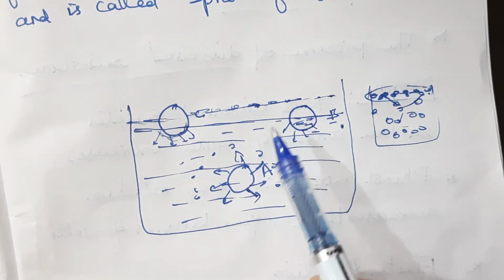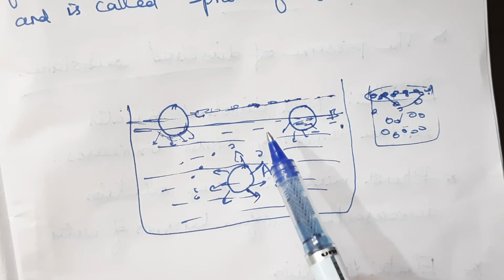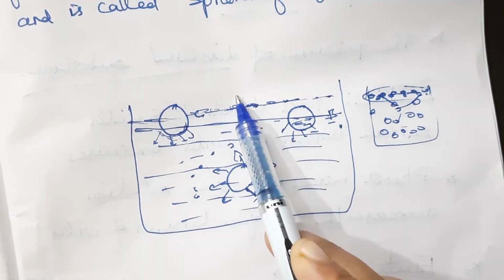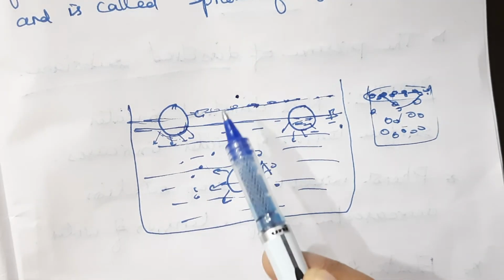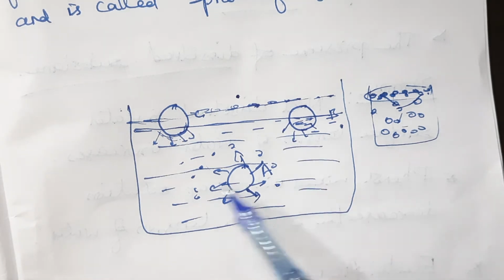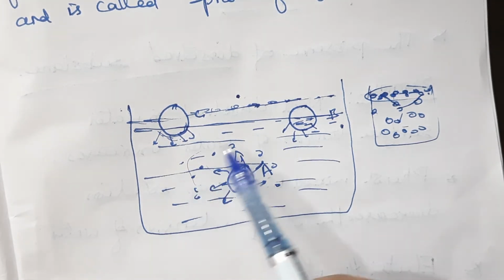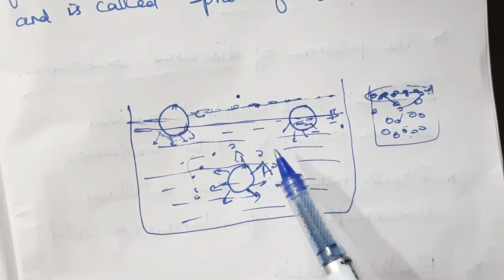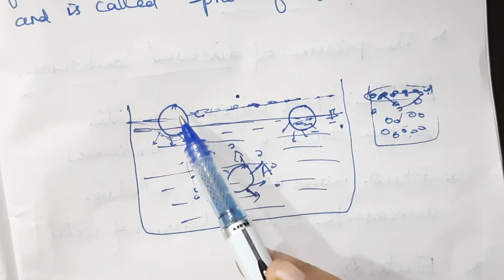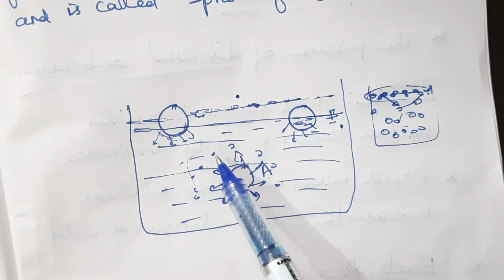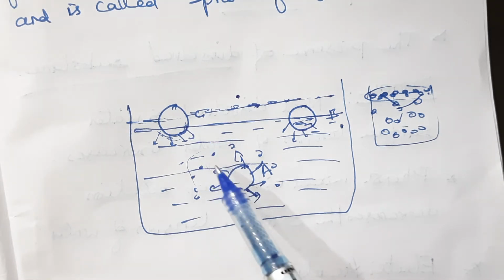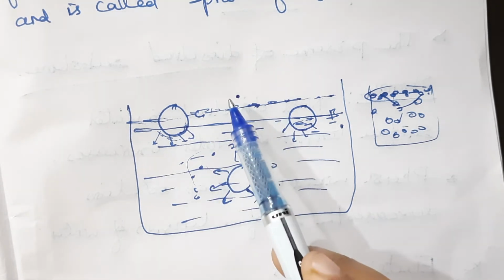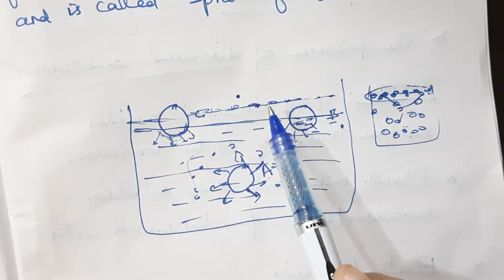So here we have to understand one more concept. When any molecule is brought towards the surface, the work is done against the cohesive force, because all the molecules are the same liquid molecules and the cohesive force is very large. So the molecules are attracted downward, but work is done to bring the molecules to the surface.